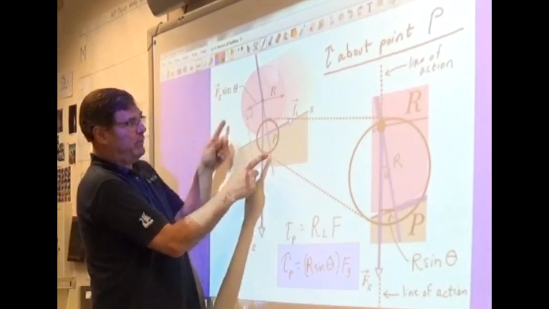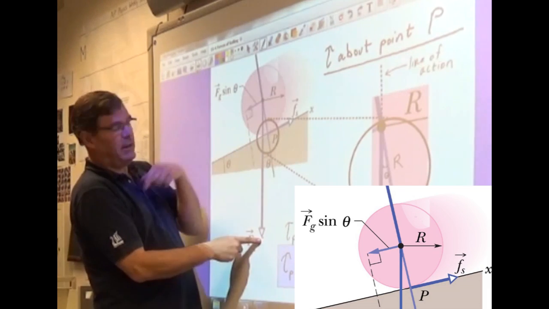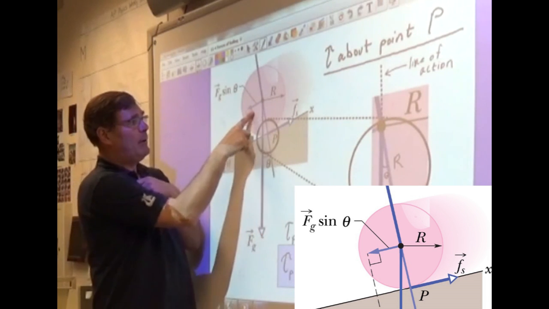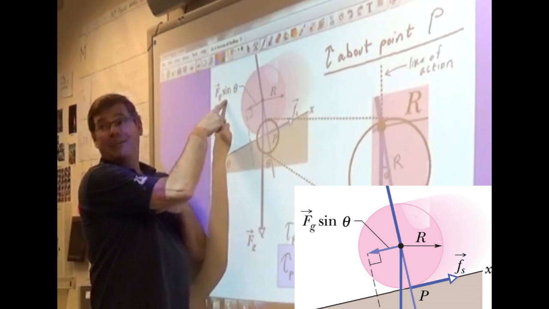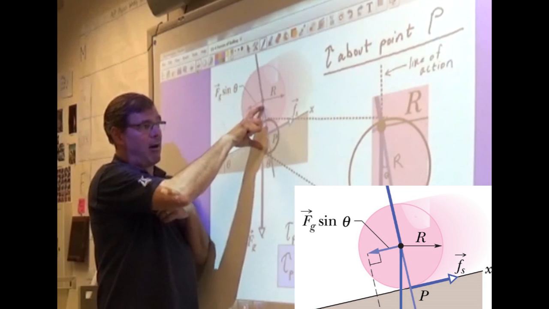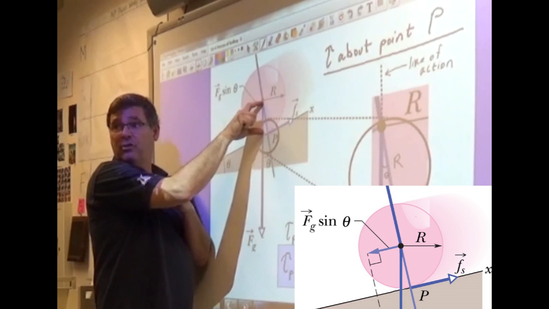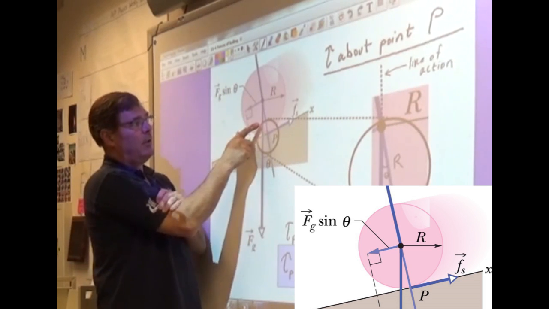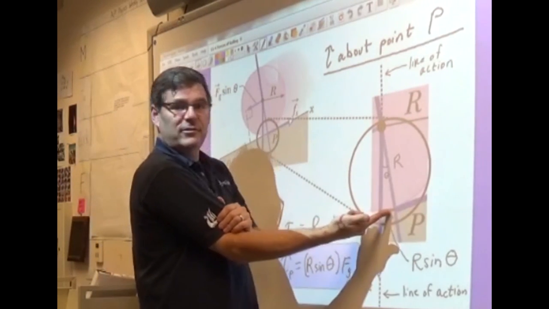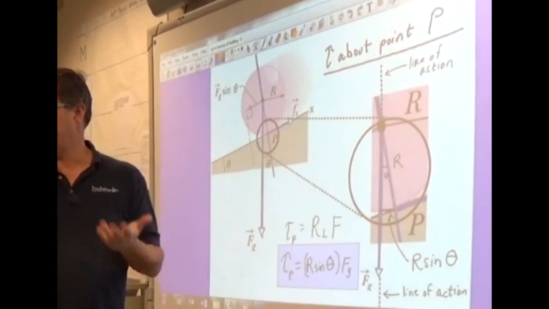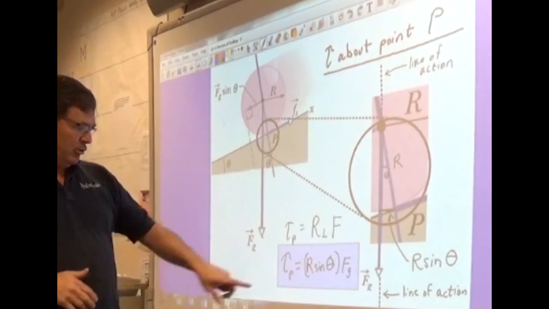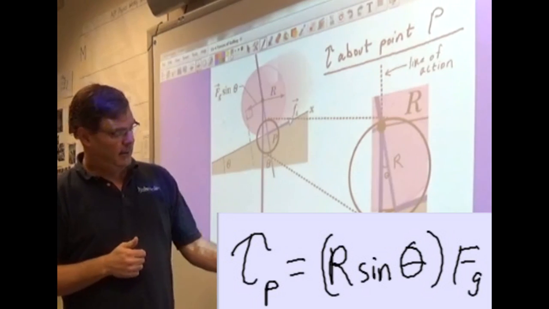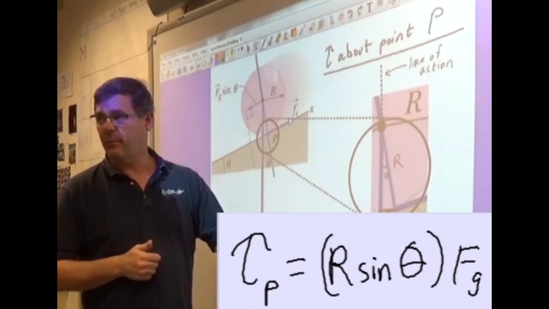We've already resolved Fg, the force of gravity, into its x and y components. The y component I didn't show here. But here's the x component, Fg sine theta, times r. So you can think of it as the component of force that's perpendicular, or you can think of all the force times the perpendicular distance. Remember, it's the same. Okay? So I come up with my second equation now. Torque about point P is r sine theta times the weight.